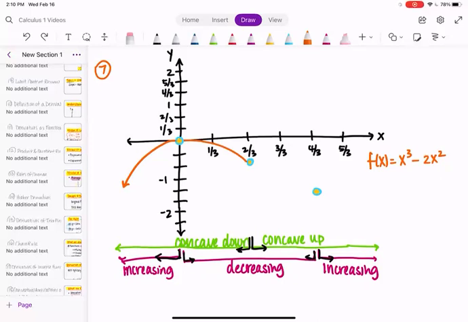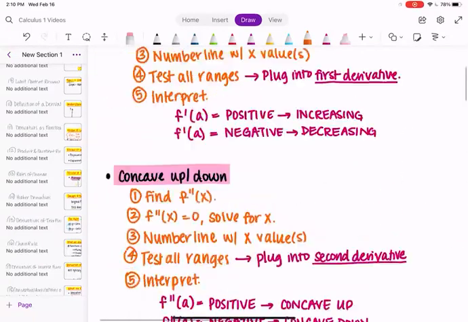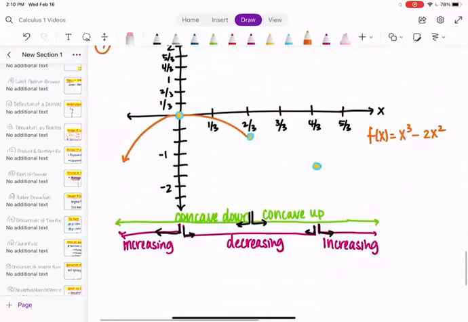Now the same logic follows in this other half right here. Concavity is up for everything to the right of 2/3, and this left half is decreasing and this right half is increasing. So how do we put that together? We follow the same logic we did before. Concave up means that it should now look like a cup.